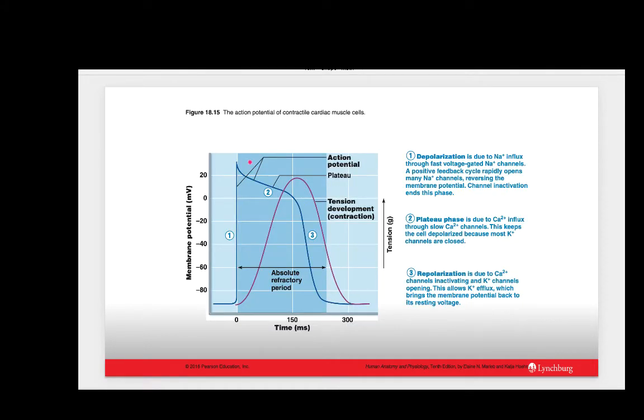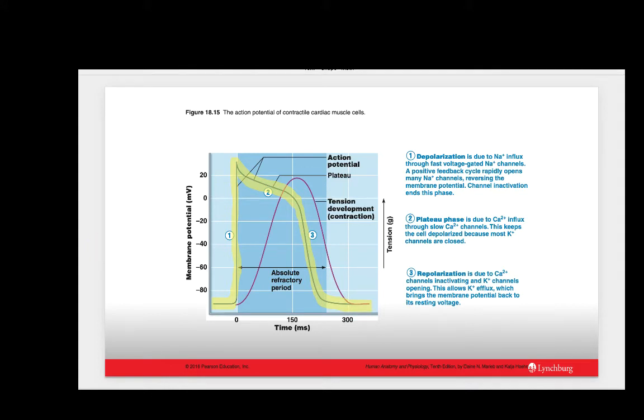Okay, so here's all 3 phases together. I do want to highlight the action potential tracing. It's going to be this one in blue. So here's our depolarization heading up, here's our plateau, and then here's our repolarization coming back down again.